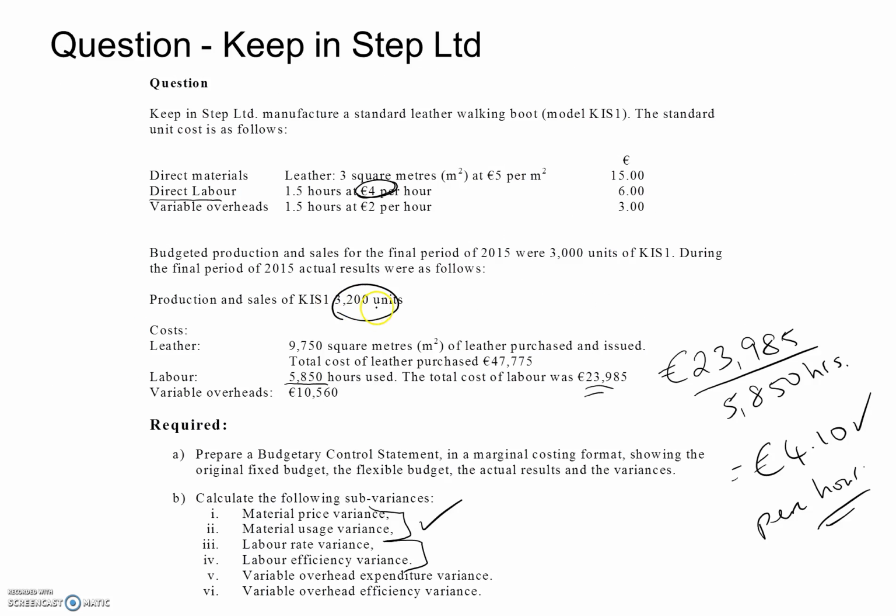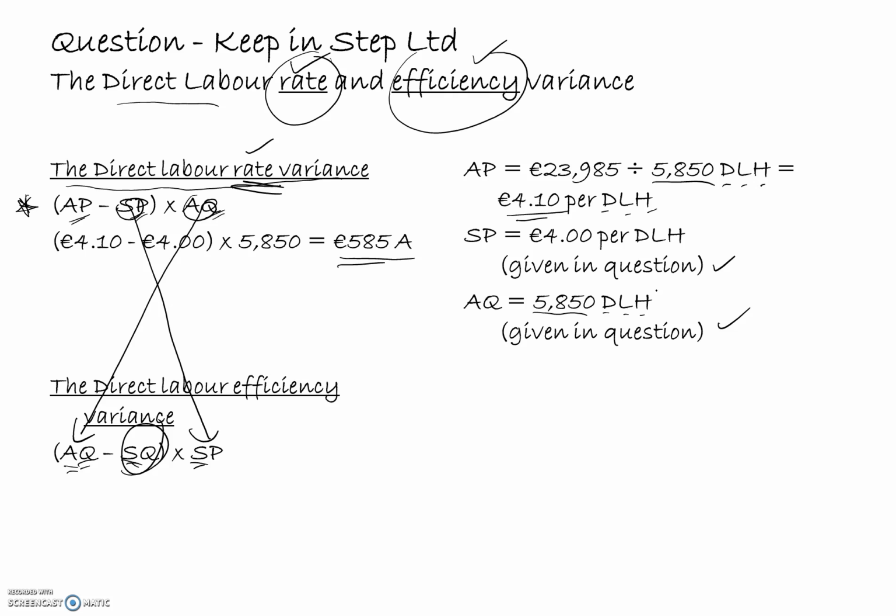Now, given the fact that 3,200 boots were made, how long should it have taken? Well, you can see here it should take 1.5 hours to make a boot. So therefore, the total time should have been 4,800 hours. So I'll just bring that back here.